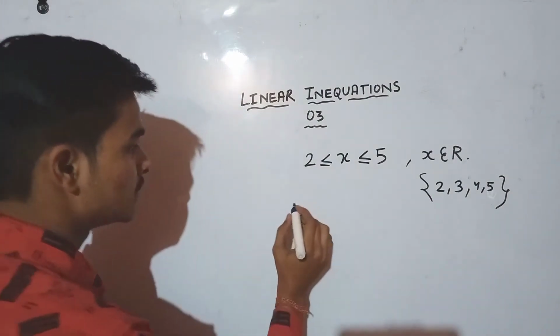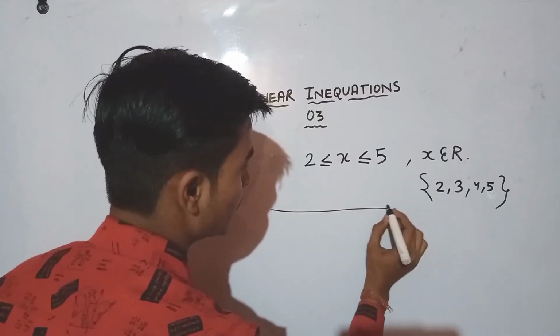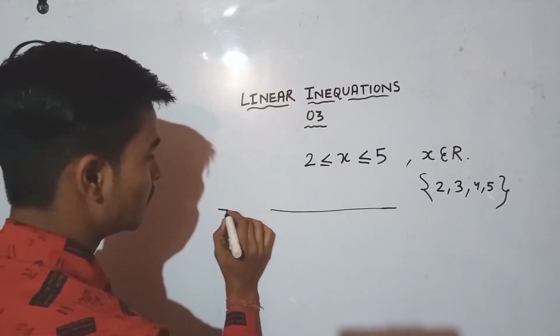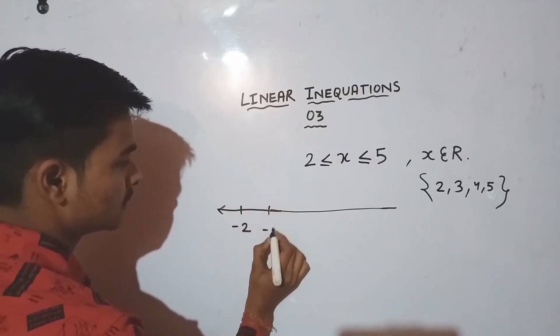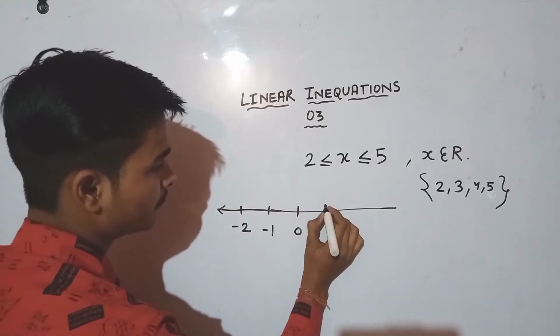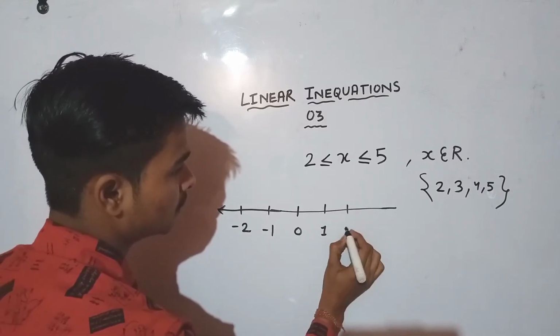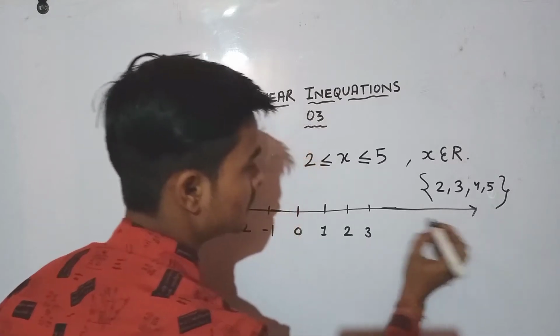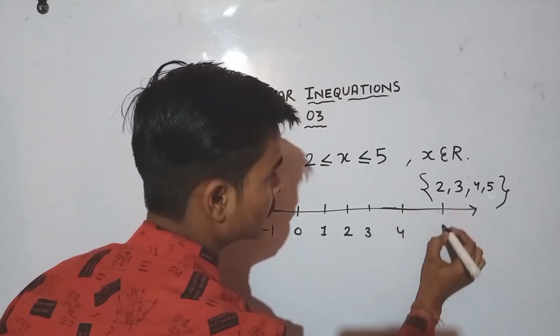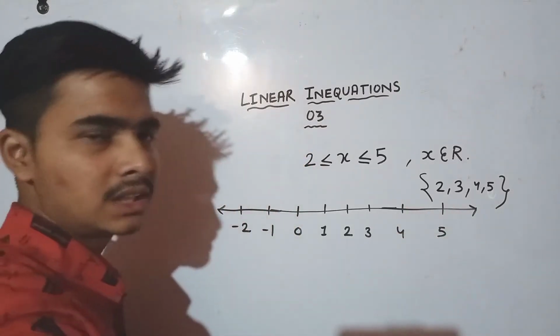Now let us represent it on a number line. I drew a number line here. See carefully. -2, -1, some random values, 0, 1, 2, 3. Let me extend it here, 4, 5. Okay, this is enough.